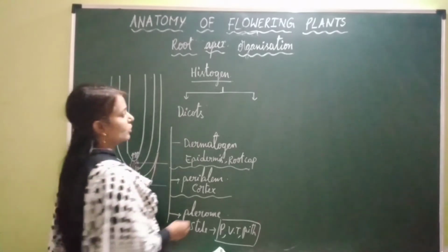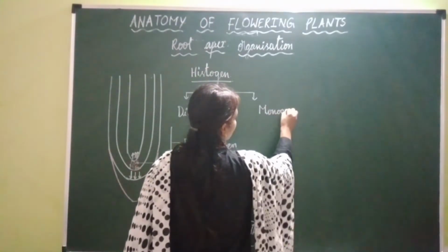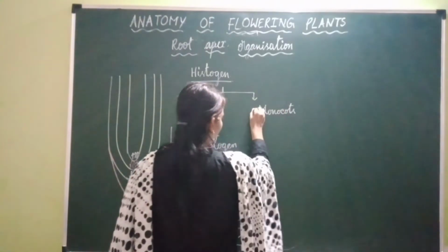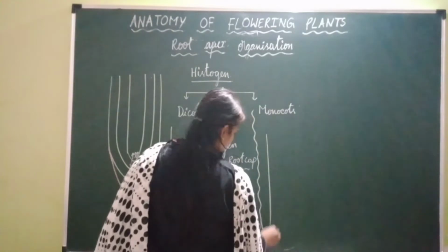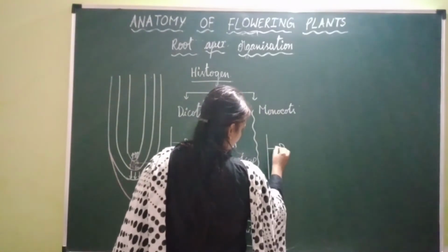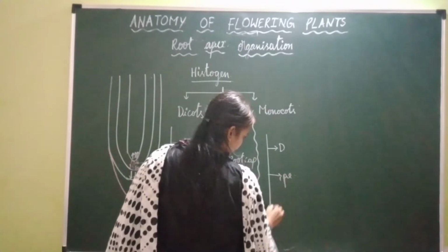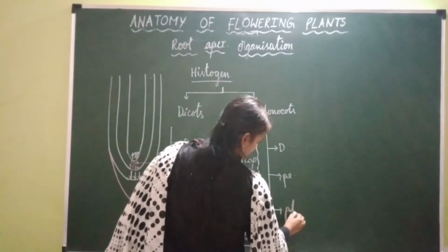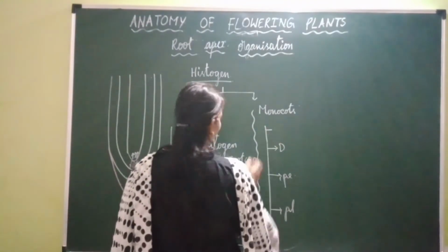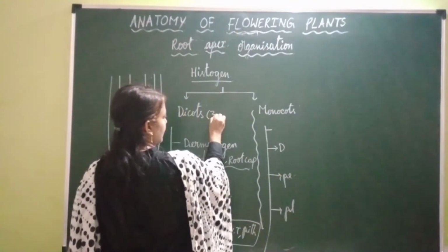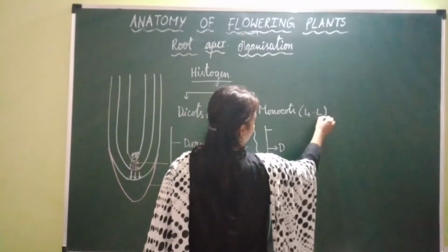Right, now coming to monocots. In the case of monocots, according to this histogen theory, the root apex consists of four layers. Three layers are similar, that is dermatogen, then periblem and then plerome. Apart from these three layers, another extra layer is present, so here three layers, and in monocots four layers.